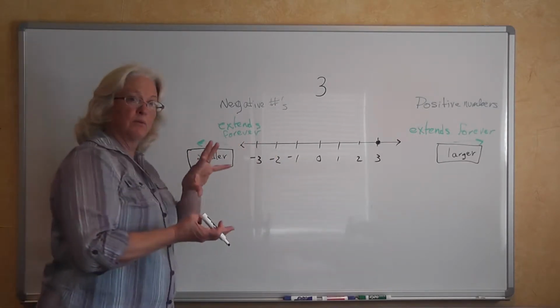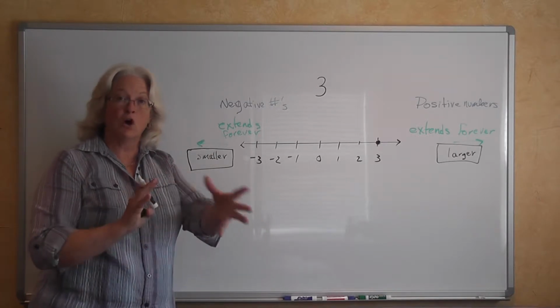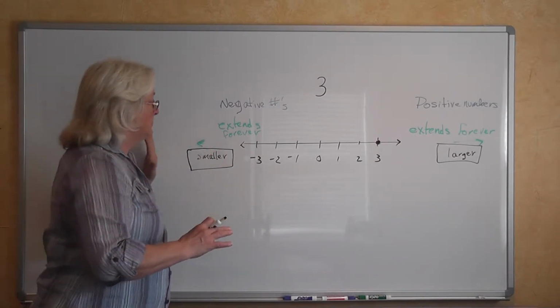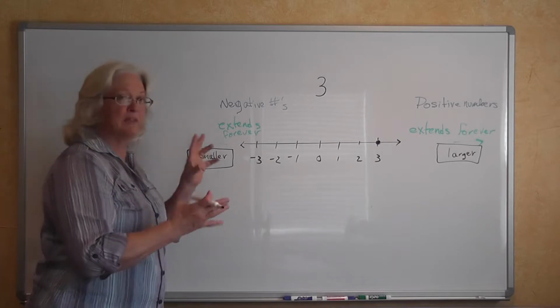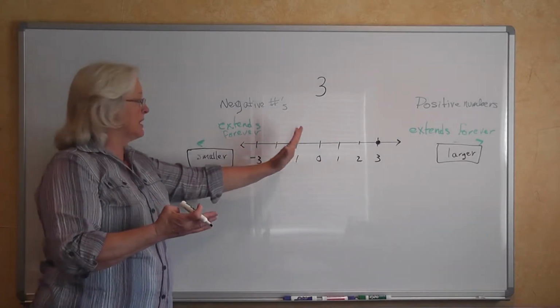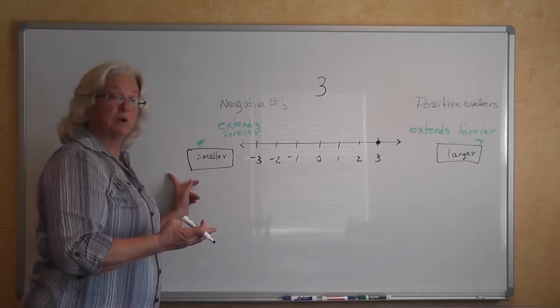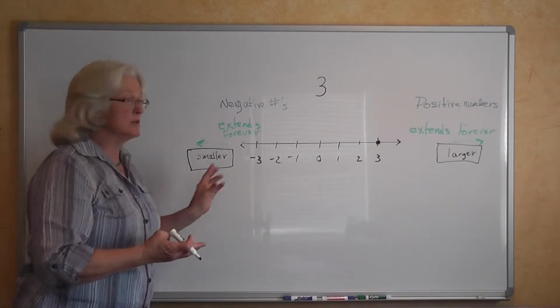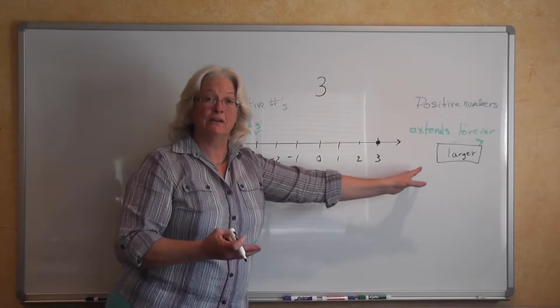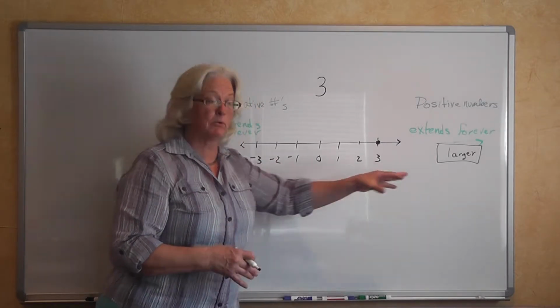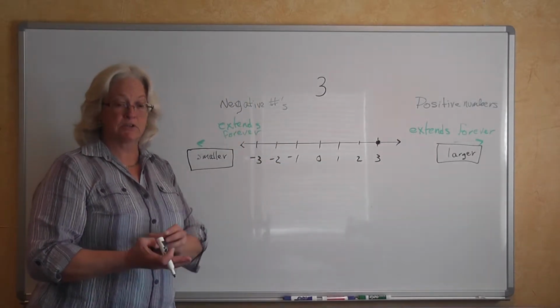And whether a number is smaller or larger, you can determine that by looking at a picture of a number line. The further to the left the number is on the number line, the smaller it is. The further to the right that number is on the number line, the larger it is.